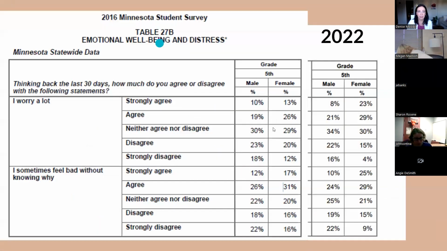Okay, one more slide like this. So this is 5th graders. If we see, I sometimes feel bad without knowing why, strongly agree, we went from 17% of female 5th graders to 25% of female 5th graders.